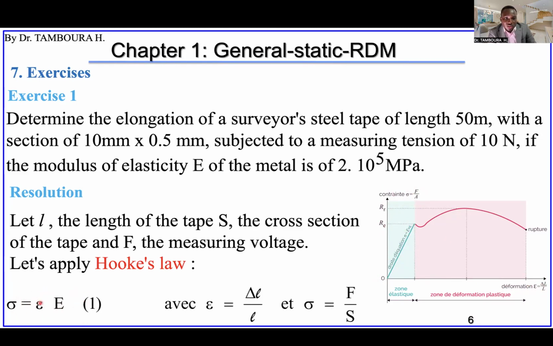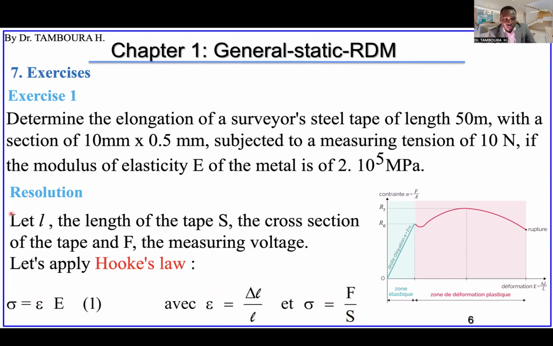So from this equation number 1, we can replace these two. This is the formula of strain, delta L divided by L, and this is what we are looking for, what we want to calculate, the delta L. The sigma is F divided by the section S. We have everything here, I think.